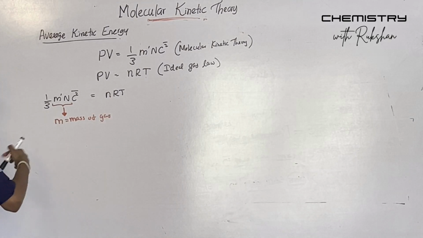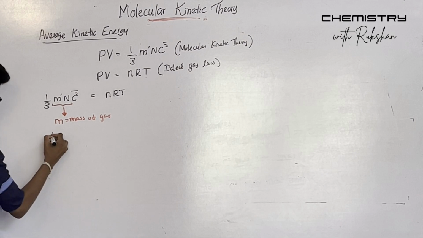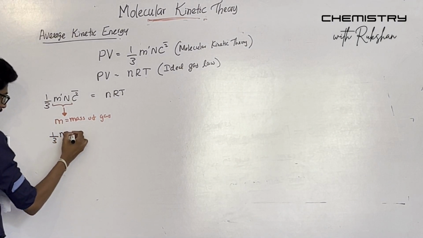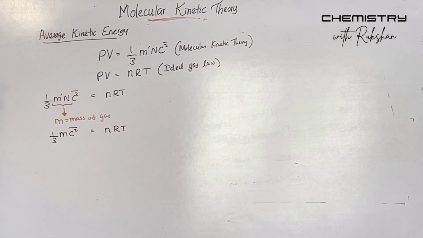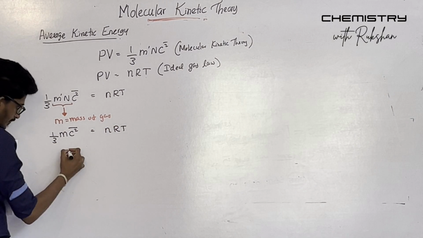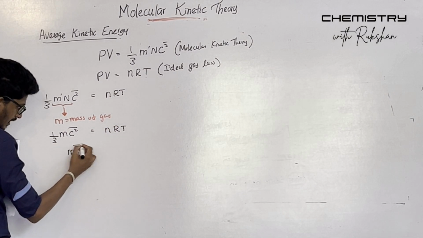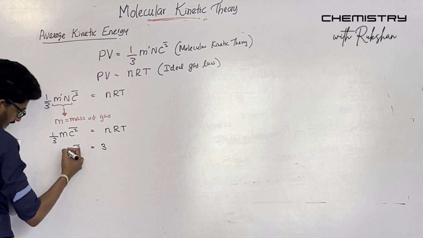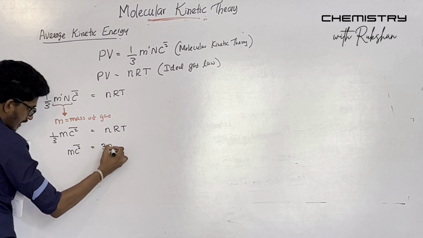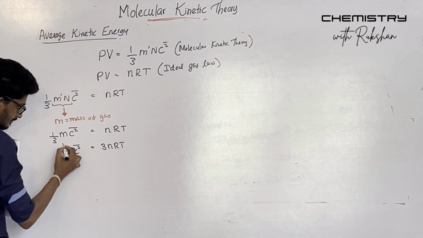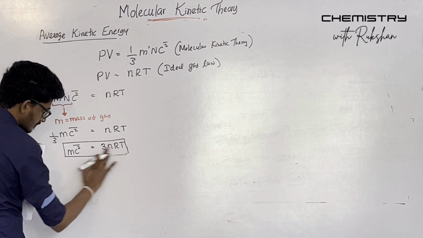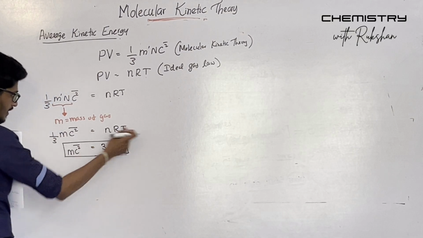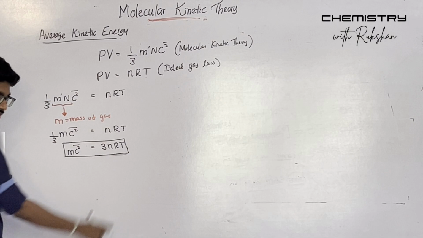Then it will give you m c squared bar is equal to 3 n R T. Up to here, the same stuff has been done.